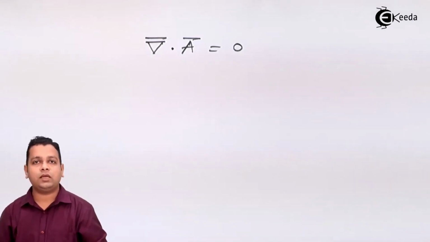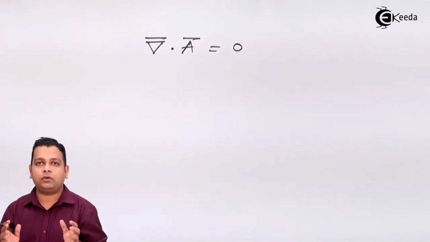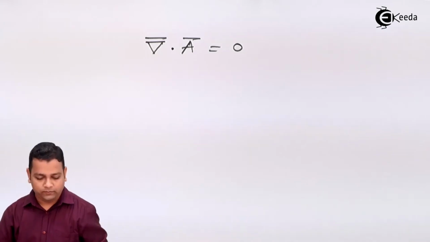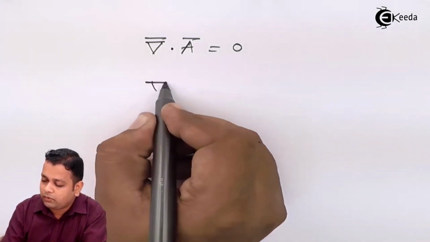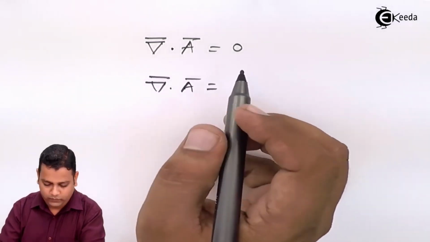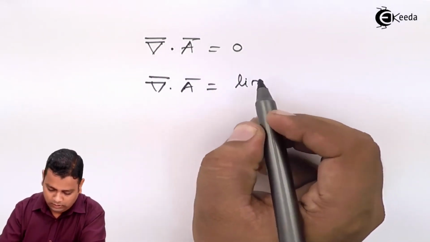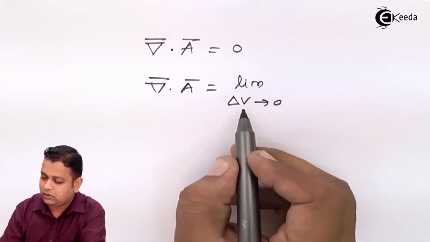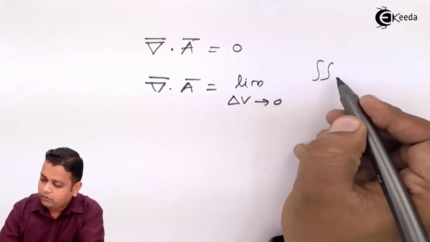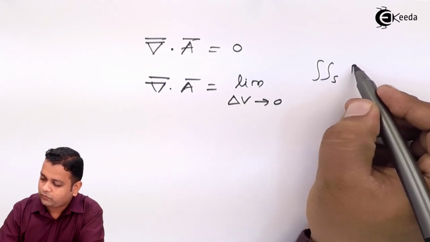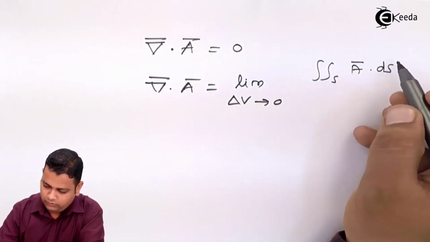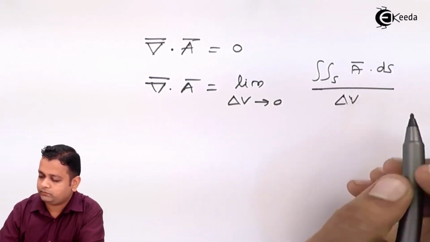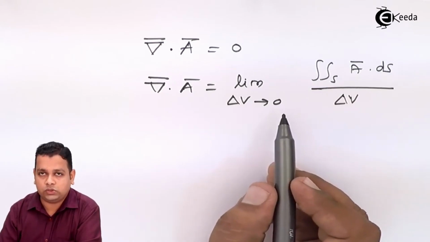Now let us have the effect of divergence in three-dimensional space, which is represented mathematically as: the mathematical representation of divergence of A in another form will be the limit as delta V tends to 0, where delta V is the differential volume, of the surface integral of A bar dot ds upon delta V. So here delta V approaches 0.